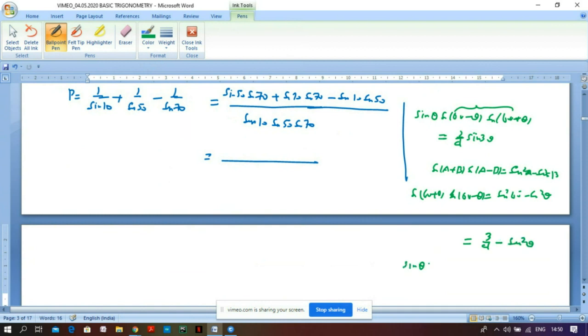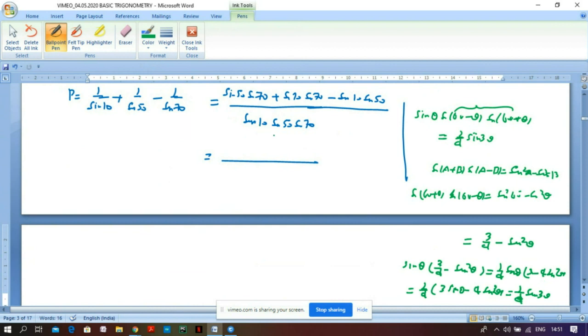And then sine theta times 3 by 4 minus sine square theta is 1 by 4, I can take common. This is sine theta times 3 minus 4 sine square theta. Take that sine theta inside, and you get 3 sine theta minus 4 sine cube theta. That's your sine 3 theta. So 1 over 4 times sine 3 theta. So that way we can use this result.